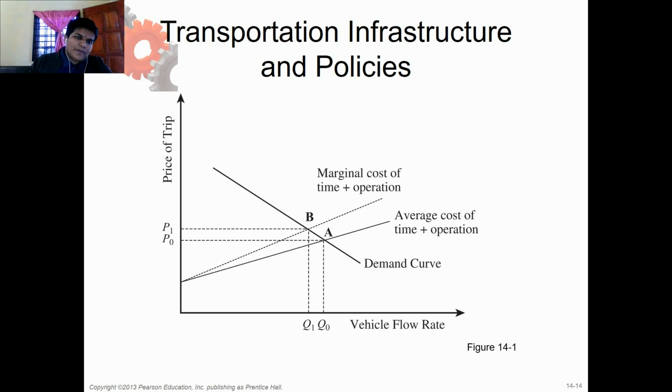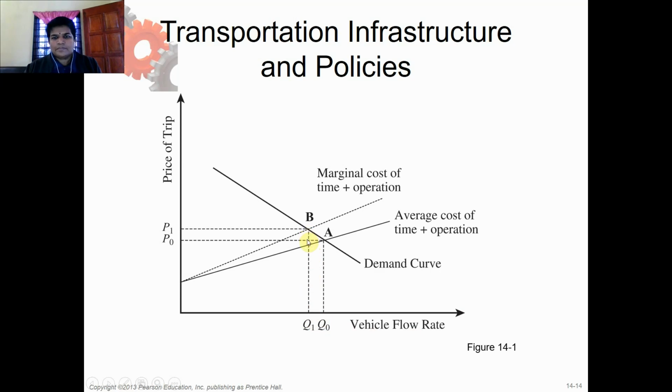You can see the price of trip is on your Y axis and vehicle flow rate on your X axis. From quantity demanded Q0 to quantity demanded Q1, the movement is from point A to point B. At point A, Q0 and P0, when they move, they reduce the quantity, so the vehicle flow rate will be reduced, and look at the price, it is increased. So the price of the trip is increased.